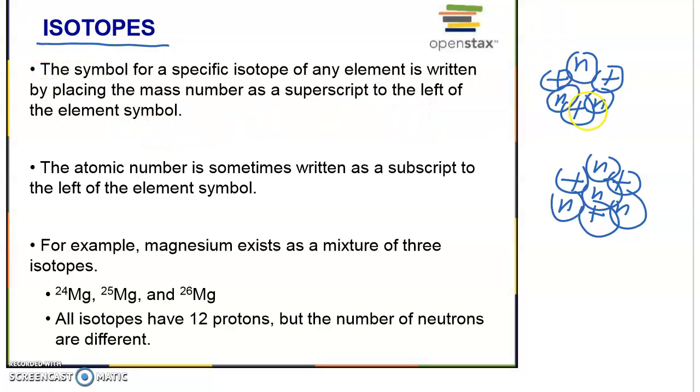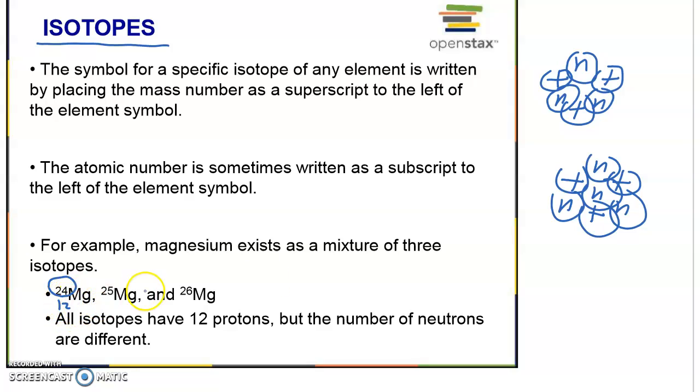We call this isotopes. Isotopes are the atoms that have the same number of protons, but with different numbers of neutrons. Let's look at this one. Magnesium. Magnesium is atomic number 12. And if we write it this way, this is the mass number, the number of protons plus neutrons.